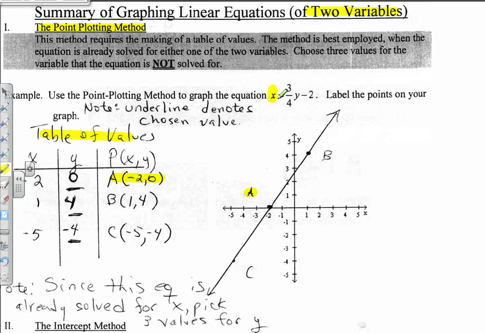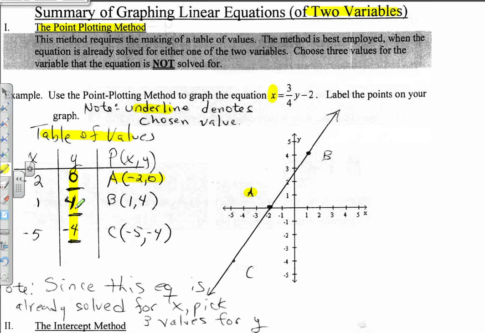So this is how the method works. A very basic method. All we do is pick three values for either x or three values for y. And notice what it says up here: the underline denotes the chosen value. So I decided to pick three values for y instead of x.